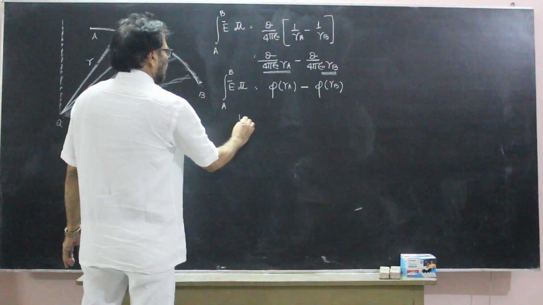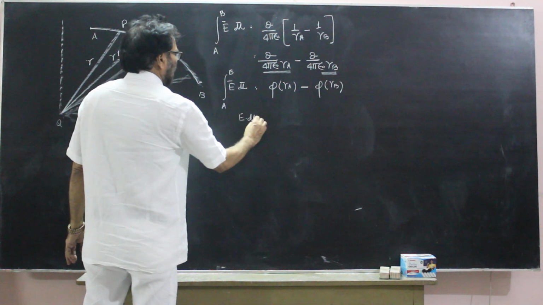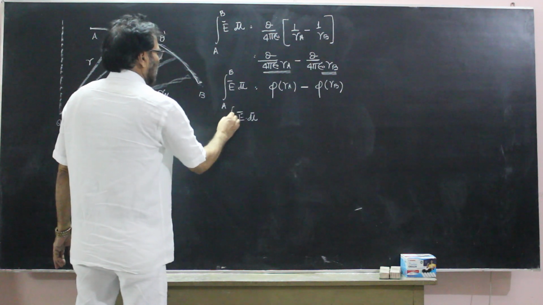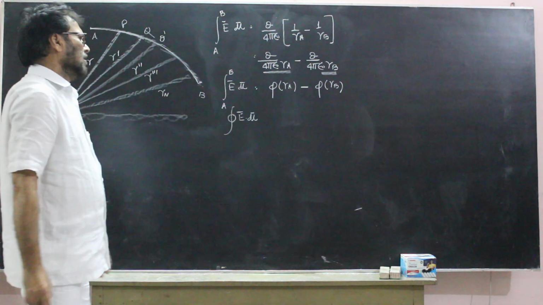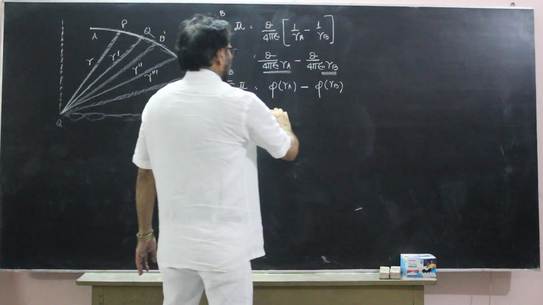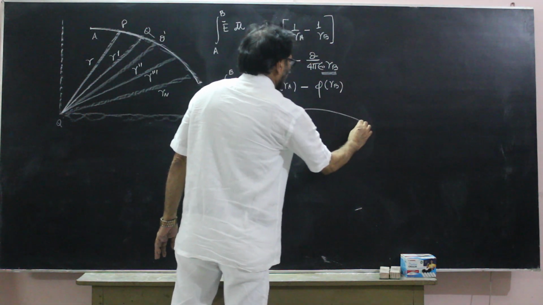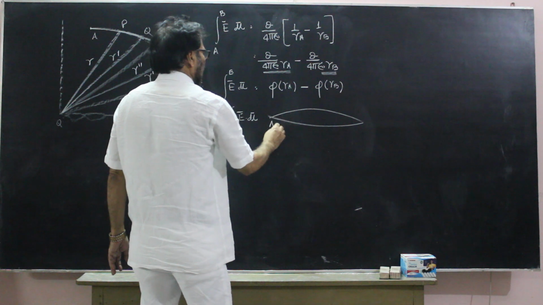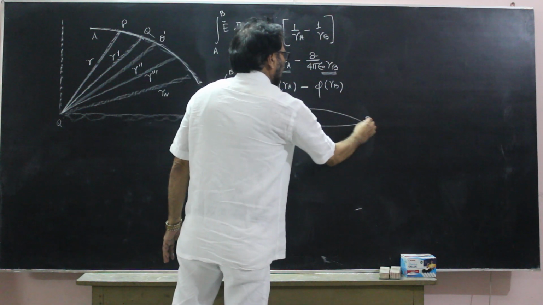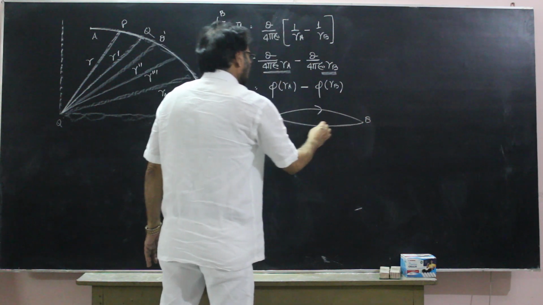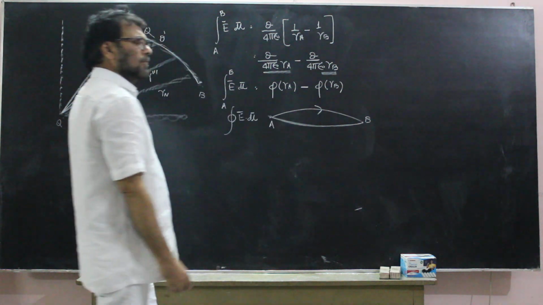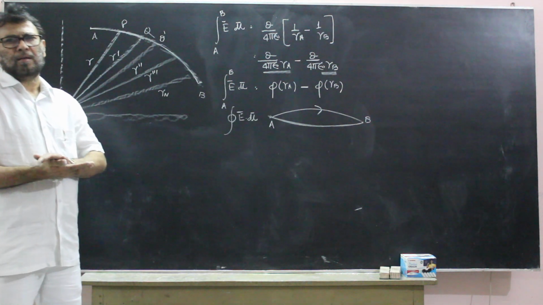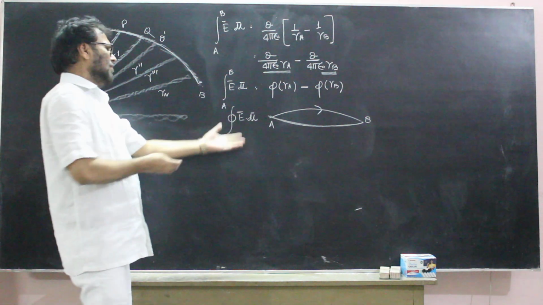Now, we want to calculate E dot dl for a cyclic process. Cyclic process means, of course, you start from one point A, go to the point B, and again return to the point A. Means the initial and final points are of course the same.